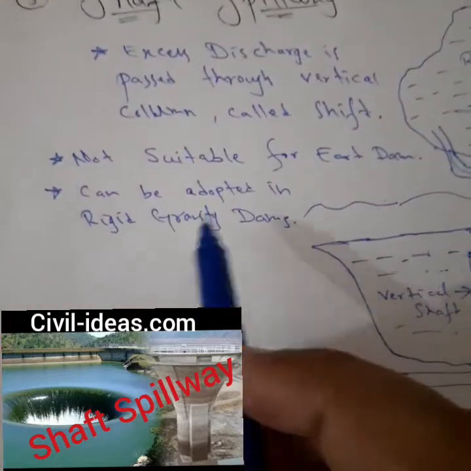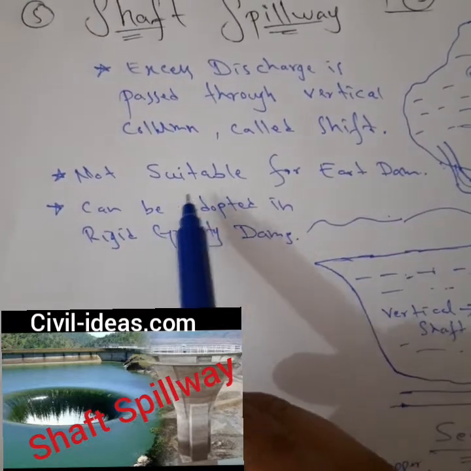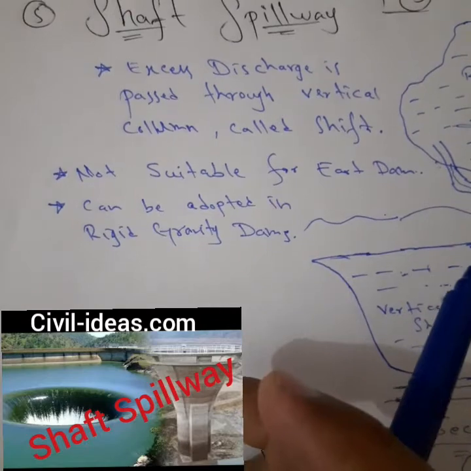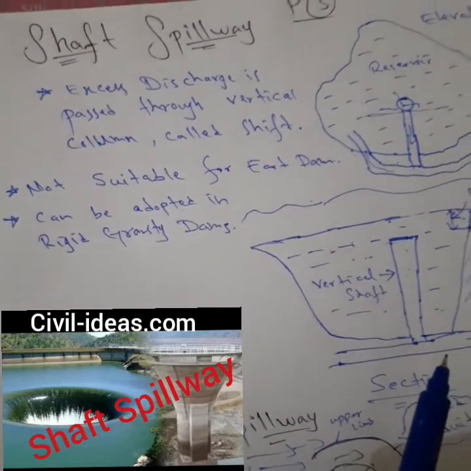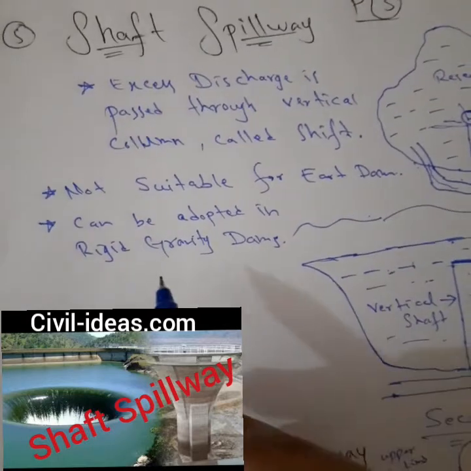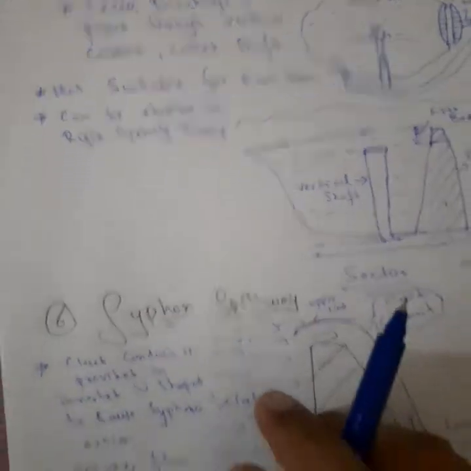So this is the shaft spillway. Excess discharge is passed through a vertical column called the shaft. It is not suitable for an earthen dam because earthen dams have a chance of being eroded, and it can be adopted in rigid gravity structures.